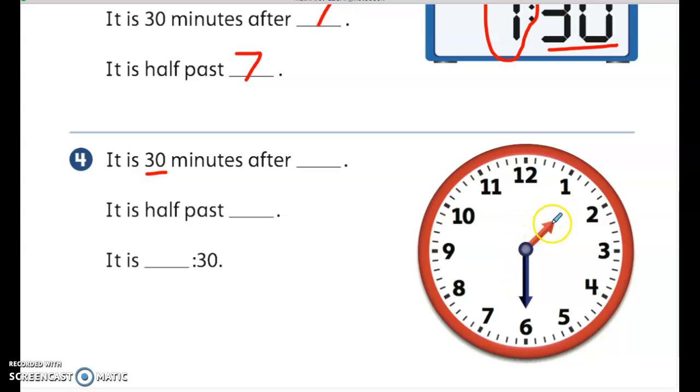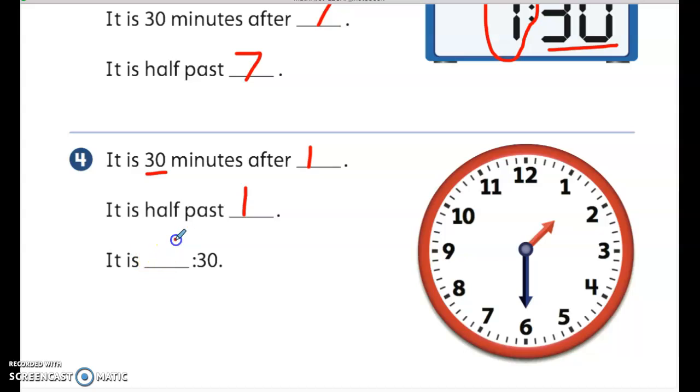Is this red hand after the 1, but before the 2? Yes, it is. So it is 30 minutes after 1. It is half past 1.